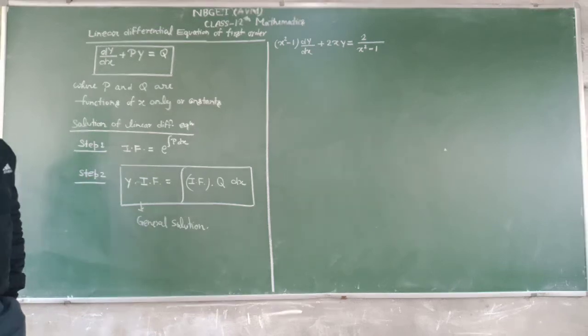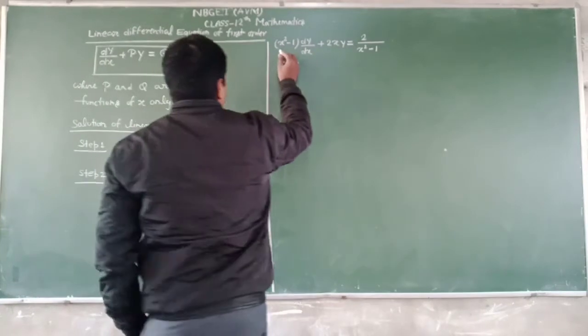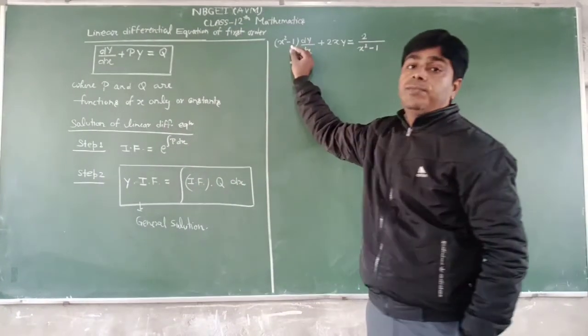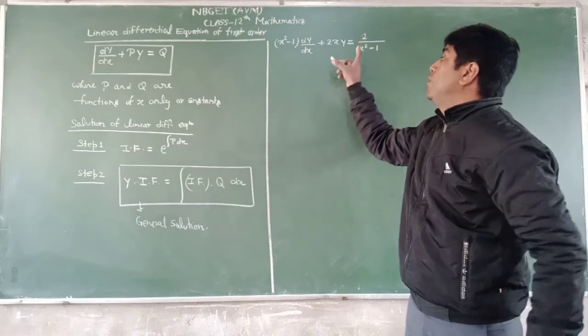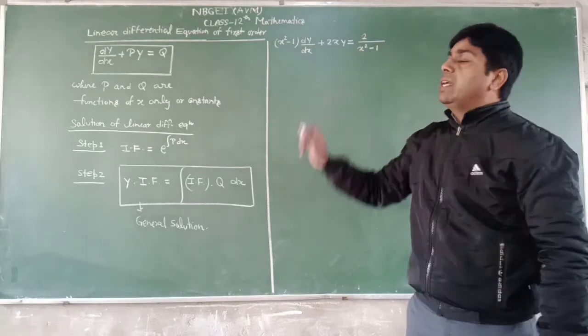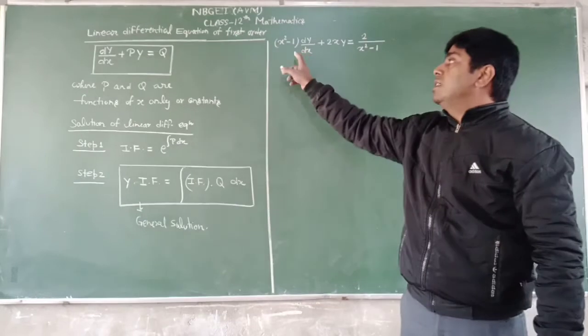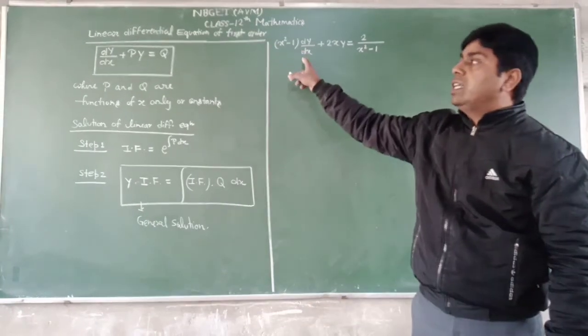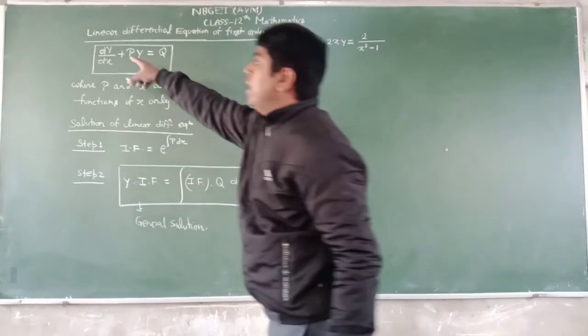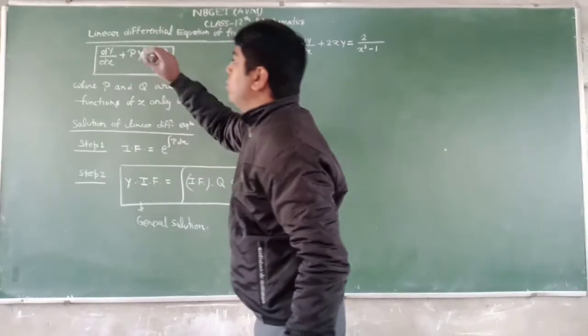First of all, we notice (x² − 1) dy/dx + 2xy = 2/(x² − 1). This is a linear differential equation, but not in the standard form dy/dx + Py = Q.